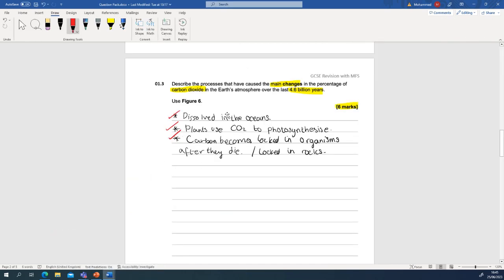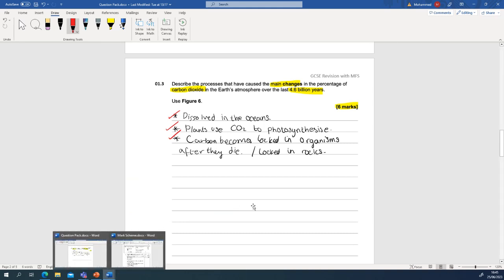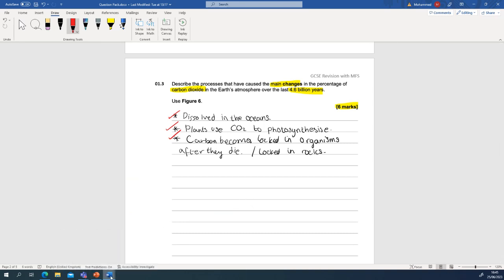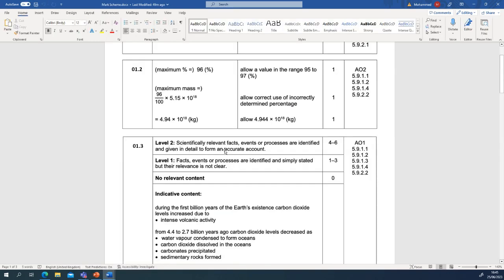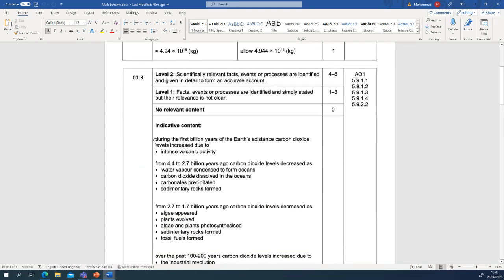We've just identified the facts, and that's going to give you a maximum of 3 marks. Level 2 is when relevant facts, events, and processes are identified. And that's what we need to do. We need to use some of the figures from the graph to explain our point.